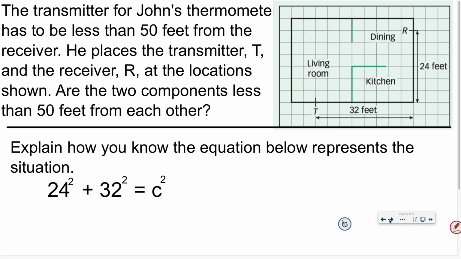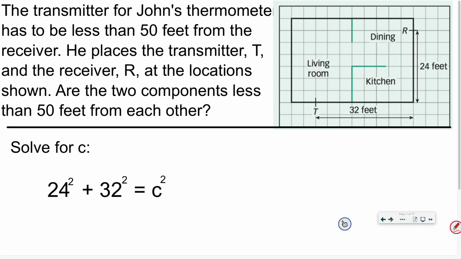Okay, so now I want you to calculate this. If we know that one of the sides is 24 and one of the sides is 32, you all have calculators. Your notebooks should have been open since the beginning of the lesson.